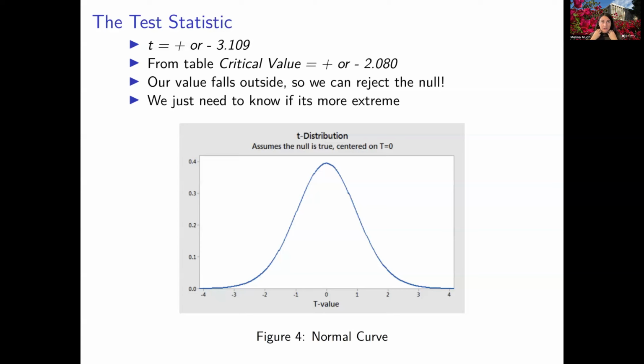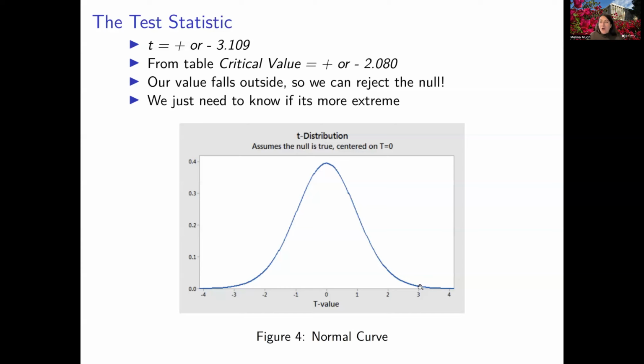Okay, let's just reiterate that one more time. We have a test statistic of 3.109. All right, we have a critical value of 2.080. I want you guys to think about putting that on a number line with our normal distribution above it.